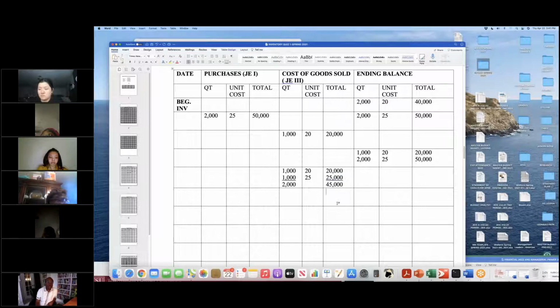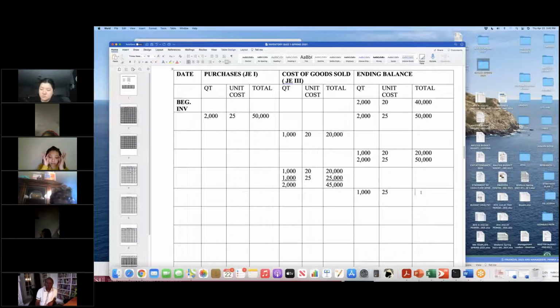Then I take the 45,000. Well, how much do we have left first before we leave? How many do we have left in inventory now? 1,000 at 25, 25,000.